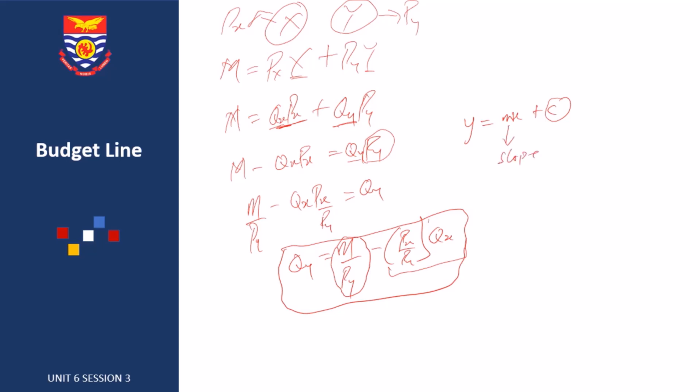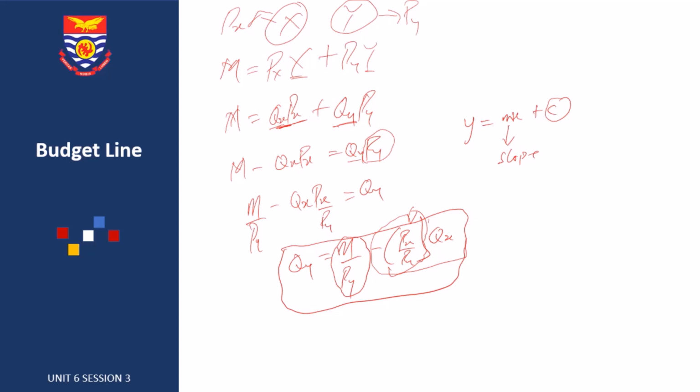So in this case, our minus PX over PY is the slope. The minus just shows that the slope is negative. So our focus is on the PX over PY. So the PX over PY, the price ratio, gives us the slope. So the slope is the absolute one. The negative will make us know that the line is going to be a negative line.